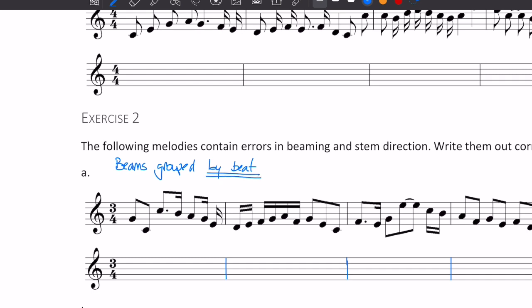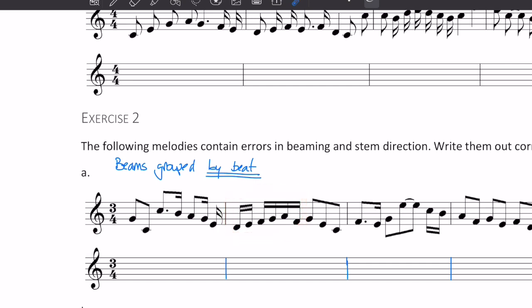All right, so we shouldn't have, as an example in this first measure, this one hanging out, not beamed with anybody. That means that something in this first measure isn't grouped by beat. We can see 16th notes that might not be grouped all together here.